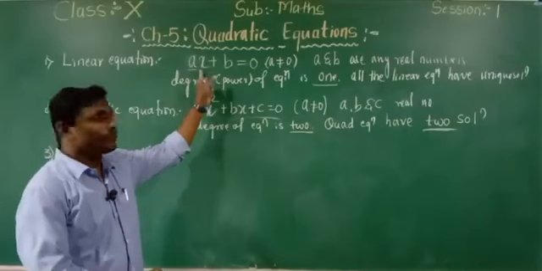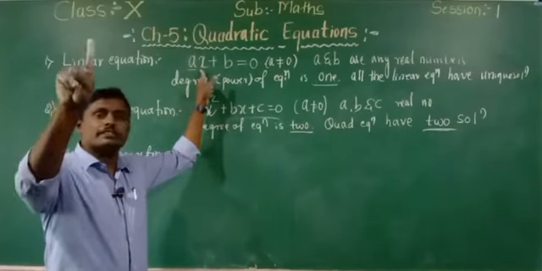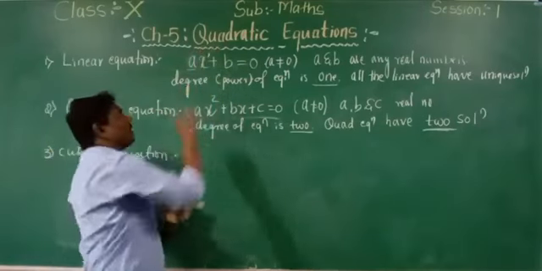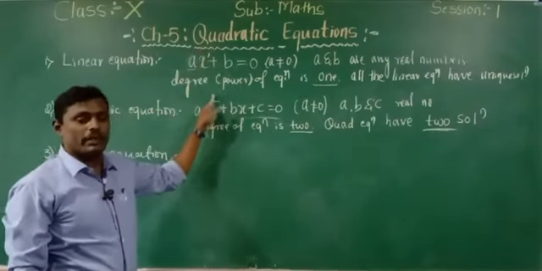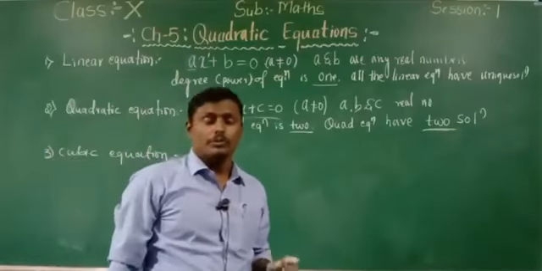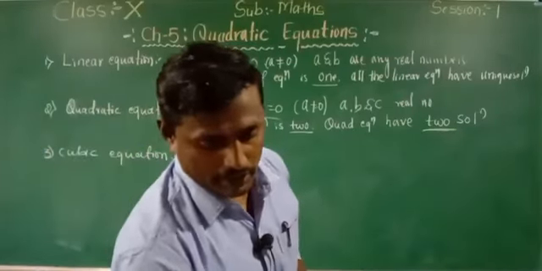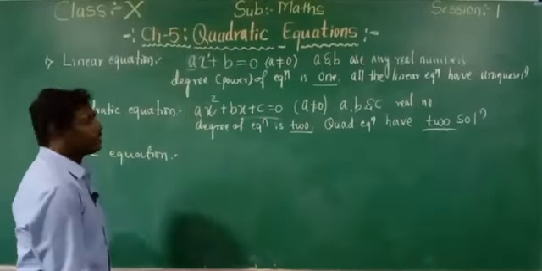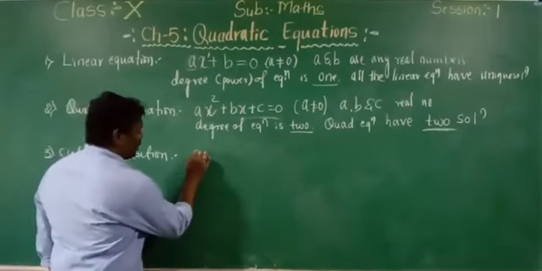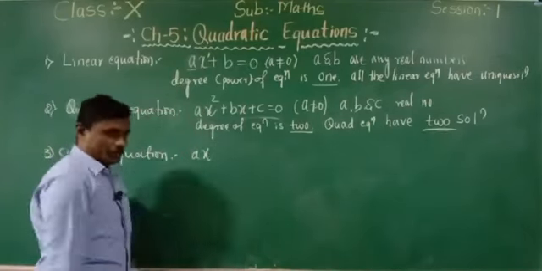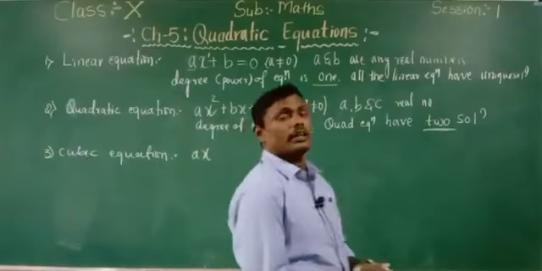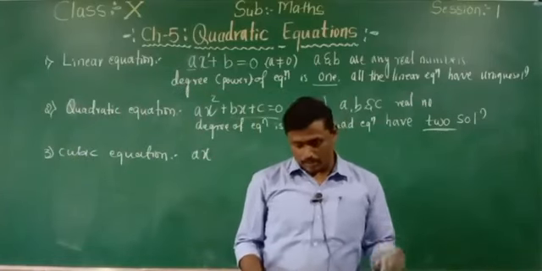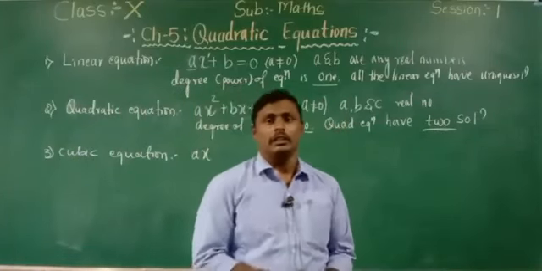In linear equation, the highest exponential power is 1, right? But in quadratic equation, the highest exponential power is 2. But in the cubic equation, the highest exponential power is 3. If an equation has the highest exponential power 3, all these types of equations are considered as cubic equations.